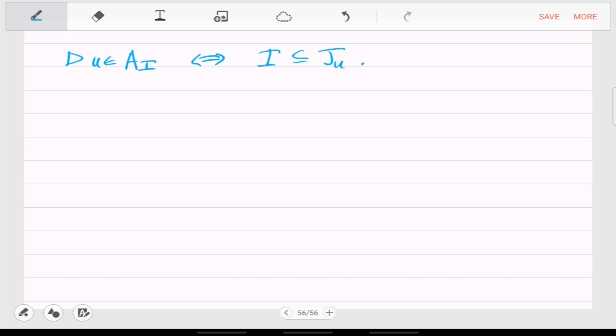AI is the intersection of these sets. So U has to be in all of them, which means that all these subscripts have to be in JU, which is what I being in JU means. Any questions? Okay, so with this, we can now expand RHS exactly.